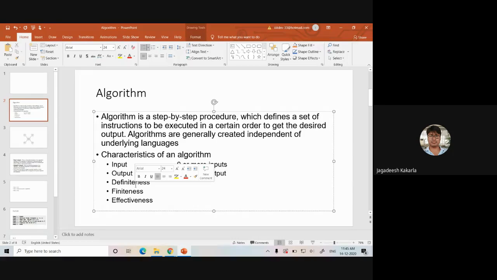Now, definiteness. Definiteness means, let me tell you one thing. Your mother has asked you to bring the vegetables. You are sitting at home, and she says, please help me, go and bring the vegetables. Then what is your next question? Which vegetables?